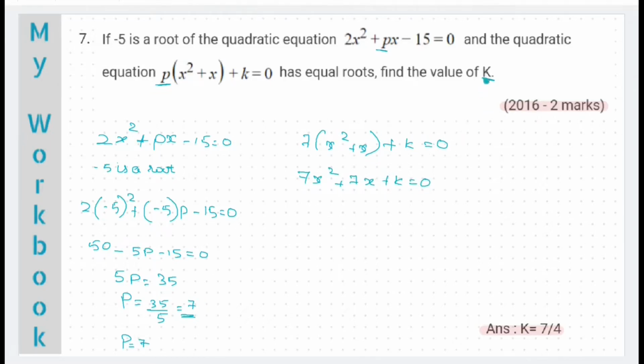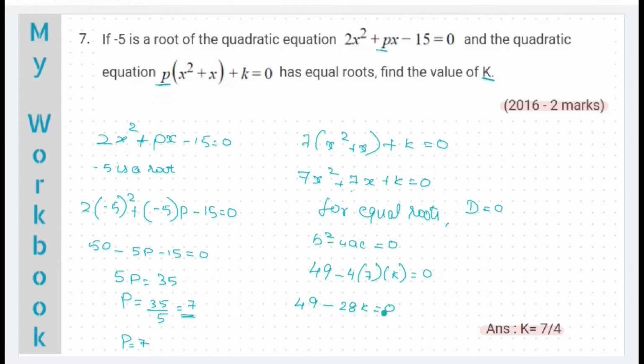Now we need to find the value of k if this equation has equal roots, which means for equal roots, discriminant should be equal to 0. b square minus 4ac equal to 0. b is 1, so 1 square is 1 minus 4 into a is 7 and c is k. 4 into 7 into k is equal to 0. 1 minus 28k is equal to 0.